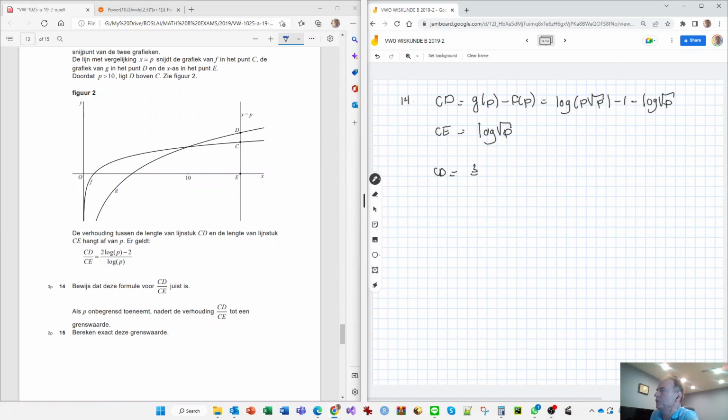So we get 3 over 2 log P minus 1, and here I get minus 1/2 log P. And similarly for CE, I have 1/2 log P as well.